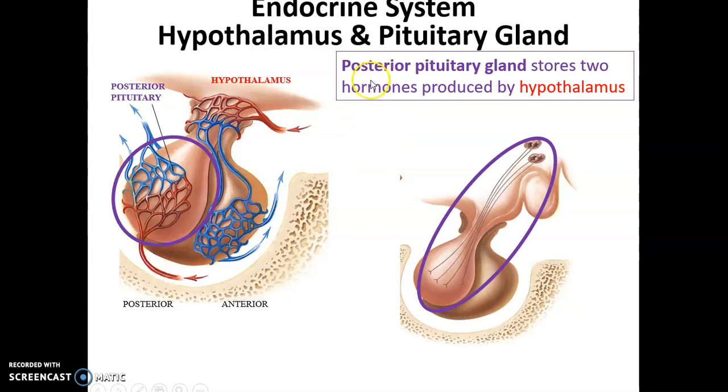All right, the posterior pituitary gland. The posterior pituitary gland stores two hormones produced by the hypothalamus. So the hypothalamus produces these hormones and deposits them in the posterior pituitary gland via a modified kind of neural cell.